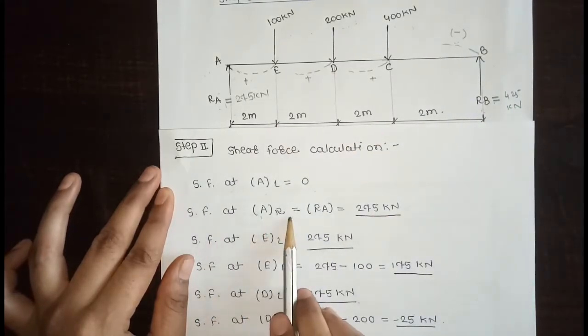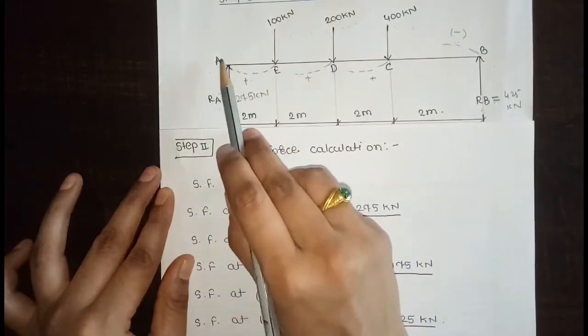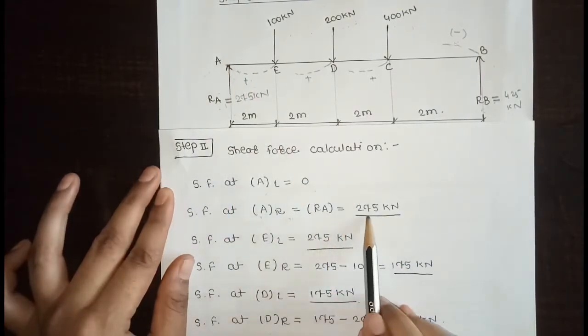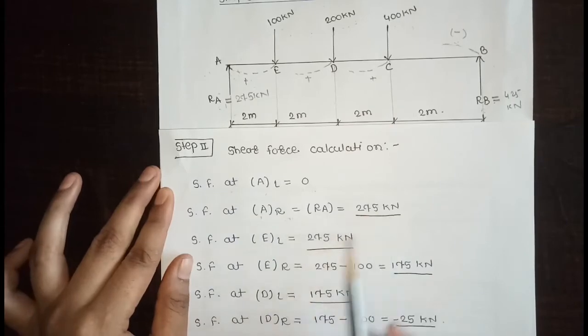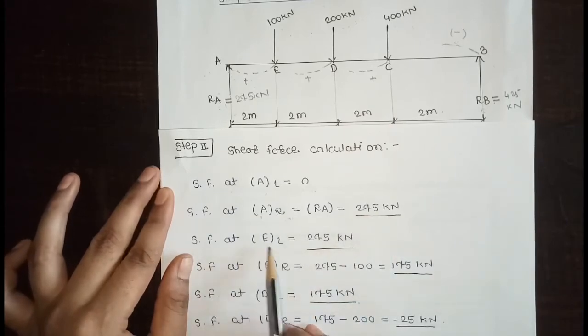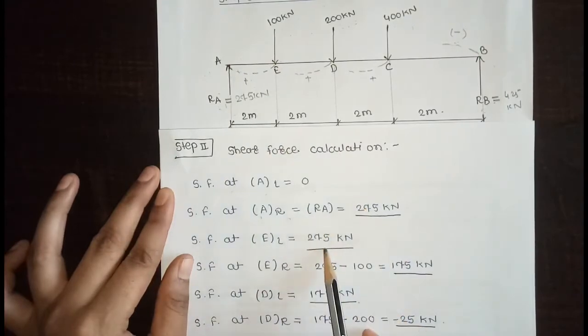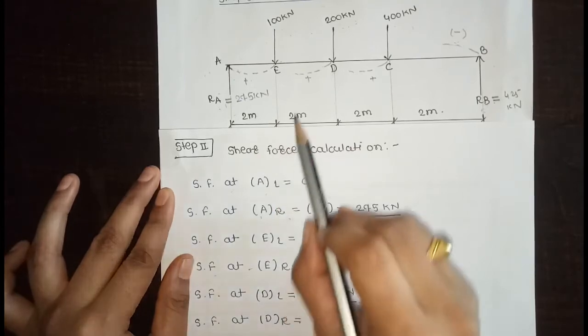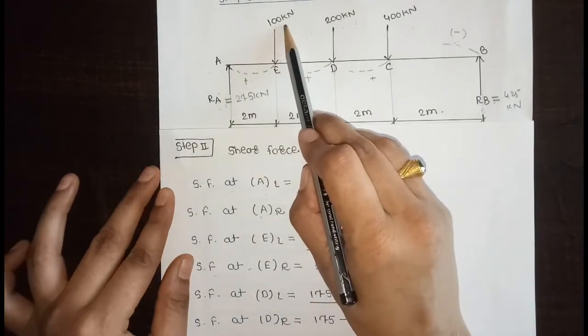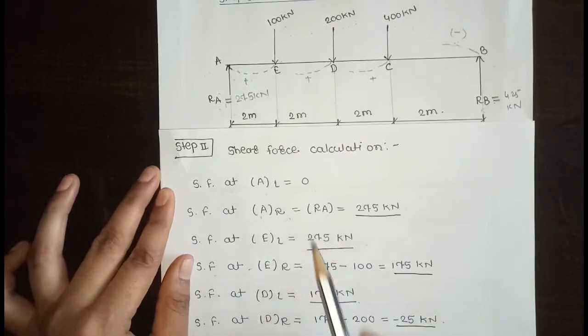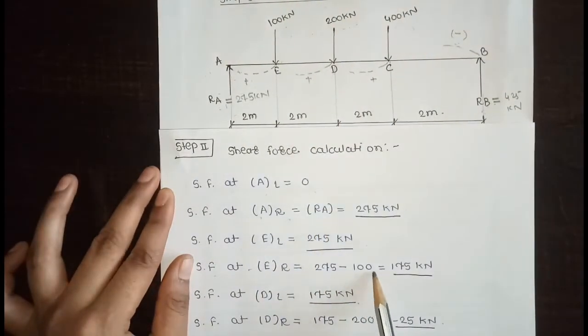SF at A right means the force which acts on its own point. Therefore, SF at A right is equal to 275 kN. SF at E left is as its previous value, 275 kN. SF at E right is equal to previous value 275 minus 100, equal to 175 kN.